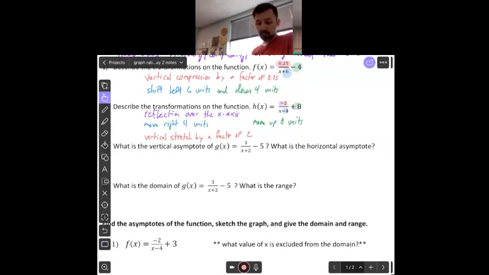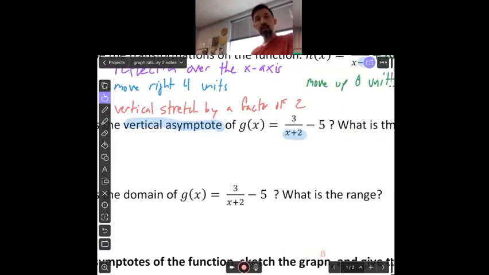All right. So asymptotes. Vertical asymptote is all about what x can't be. What value of x would make the math go bad? -2.